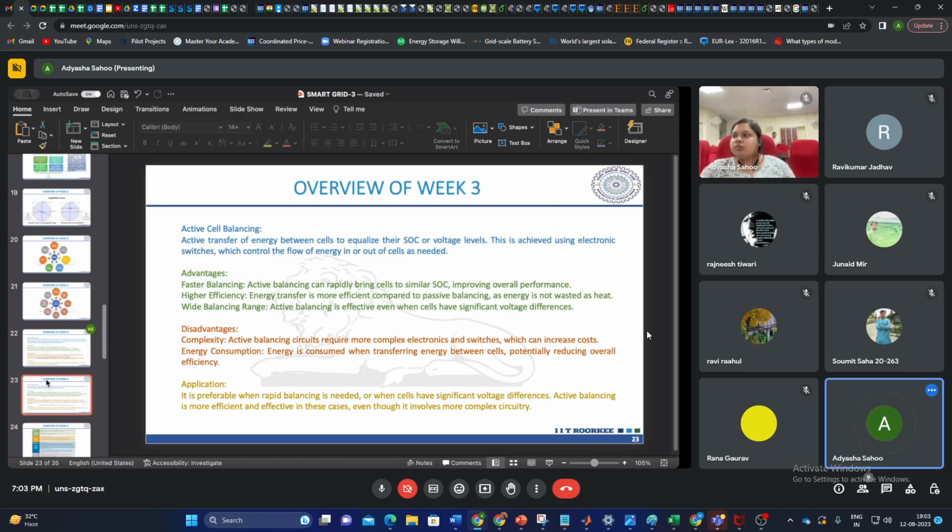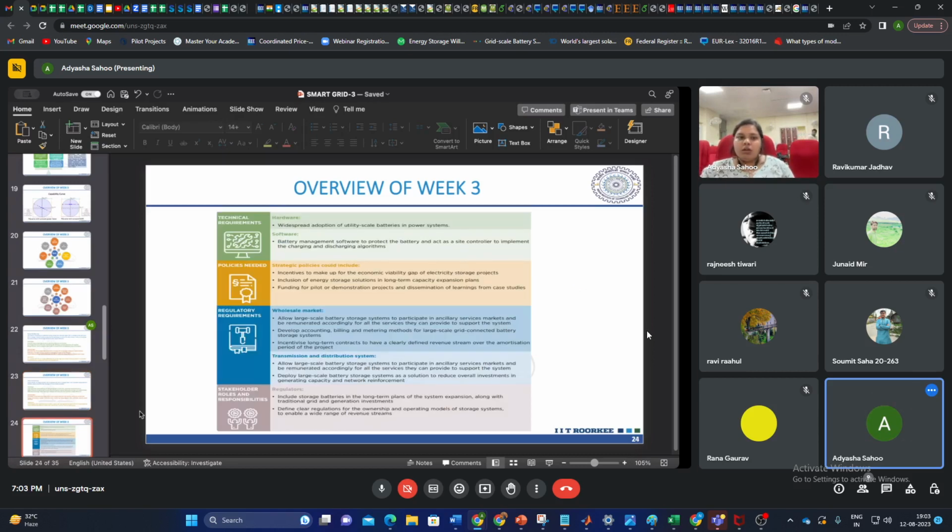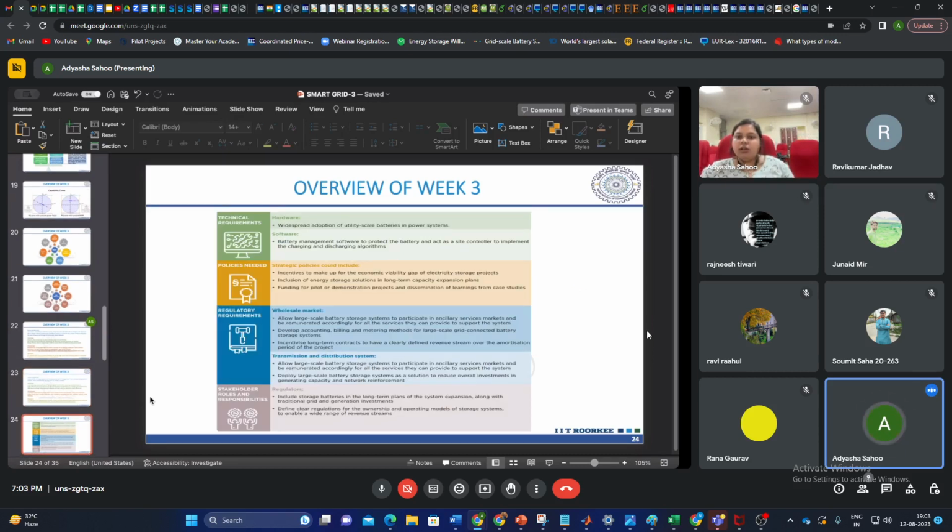So moving on, I think we'll conclude how we can add these utility scale devices in our grid. So we'll conclude the session here by looking into these.